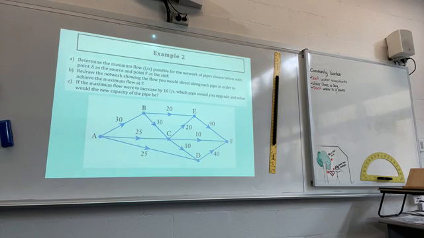Example 2. Now, this is what I've given to you. Determine the maximum flow. This time I've given you the unit. Liters per second, possible for the network of pipe shown below, with point A as the source and point F as a sink. So here, I specifically told you what the source is and what the sink is.